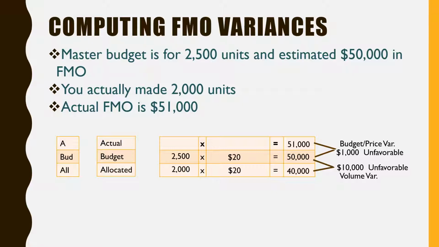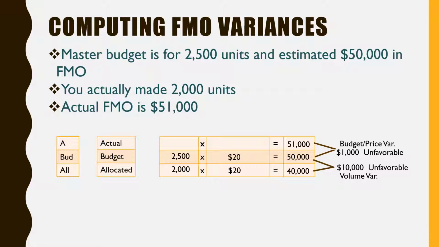The other thing that makes that unfavorable is you've been going along thinking, oh, my fixed overhead's only $40,000, and really it's 51, and it really is estimated to be 50.